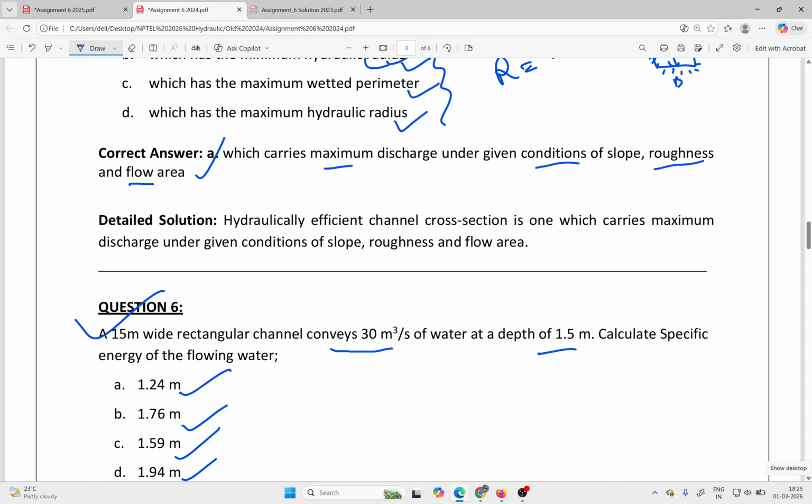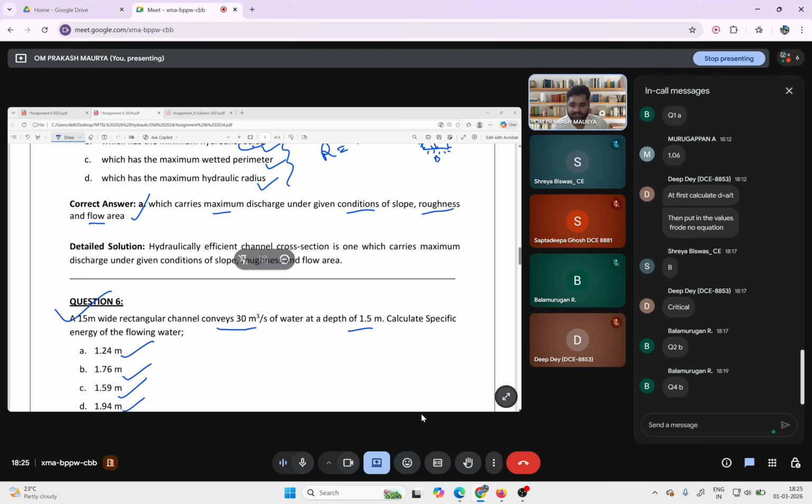For question number 6, you just try to solve and then write your answer in the chat box. For question number 6, please.